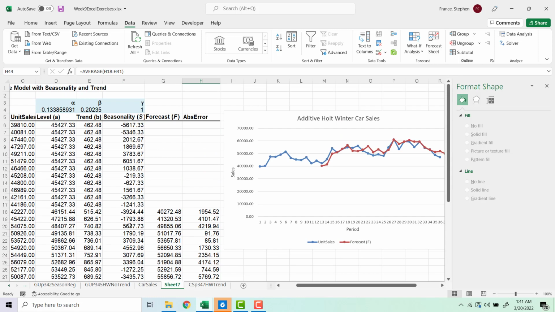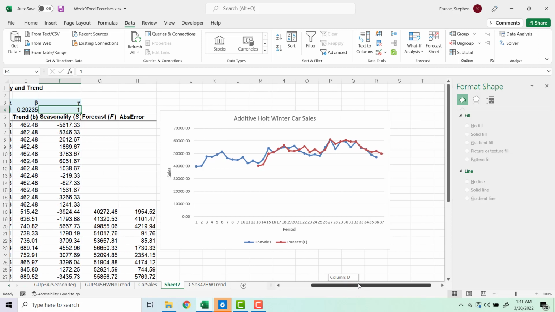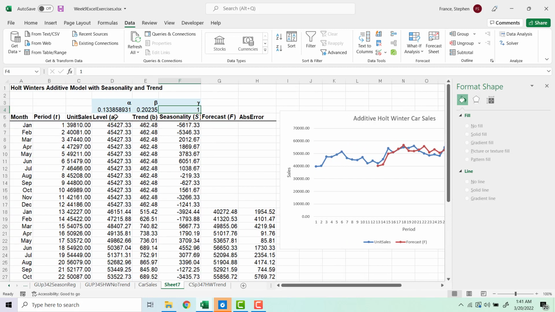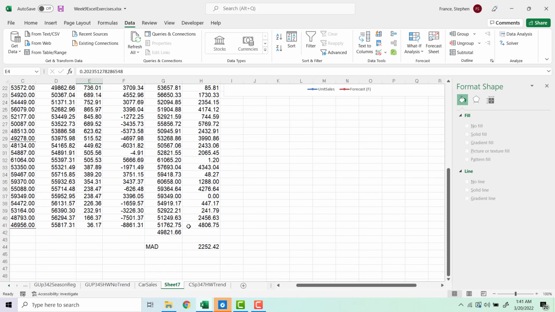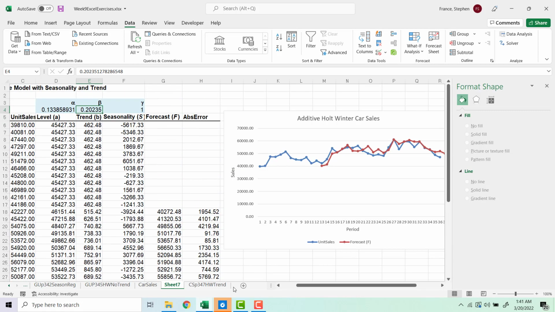And we're at 2252. Seasonality is just a complete update. Maybe the seasonality has changed a lot. We didn't improve it that much, but we have low updates of alpha and relatively low updates of beta from the initial trend. So that's our best fit model.